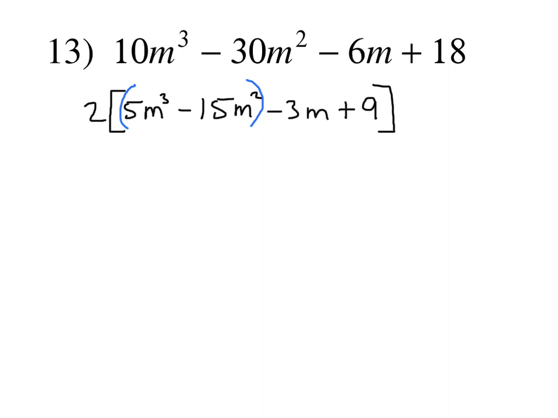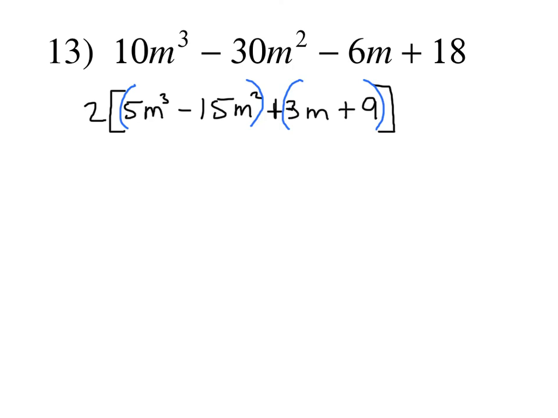Now for the second group, I can't just put a parenthesis around the 3m because I have minus 3m. So I need to change that to plus negative 3m. And then when I group it, that negative is going to come into that second group. So now I have my first group plus my second group, and my second group is negative 3m plus 9.